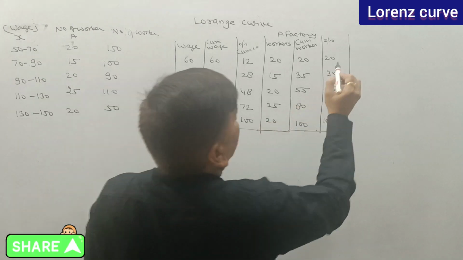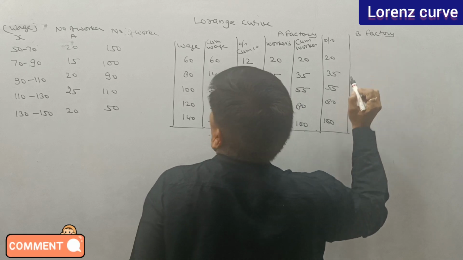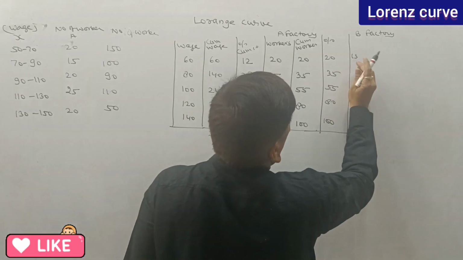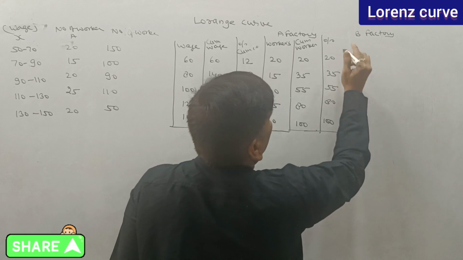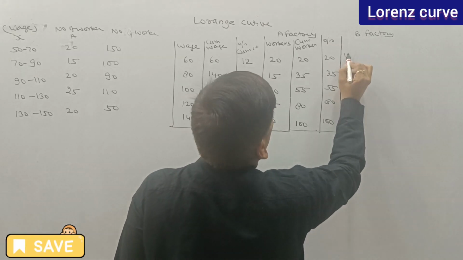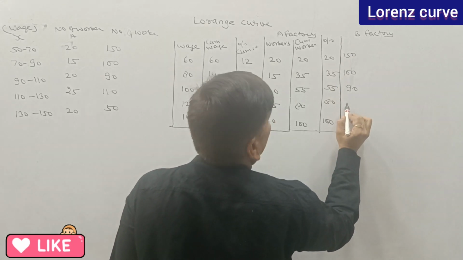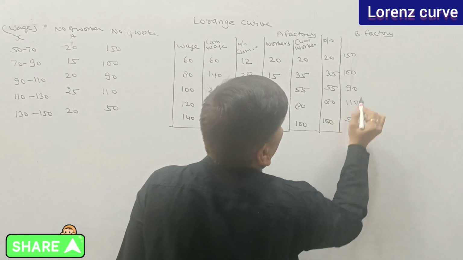Now B factory workers: 150, 100, 90, 110 and 50.